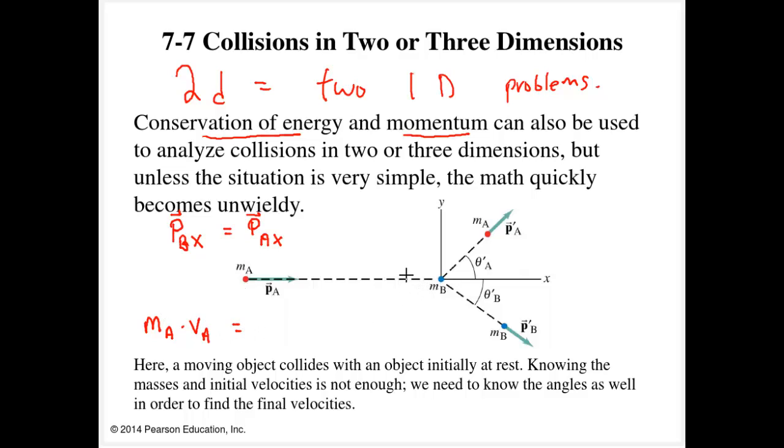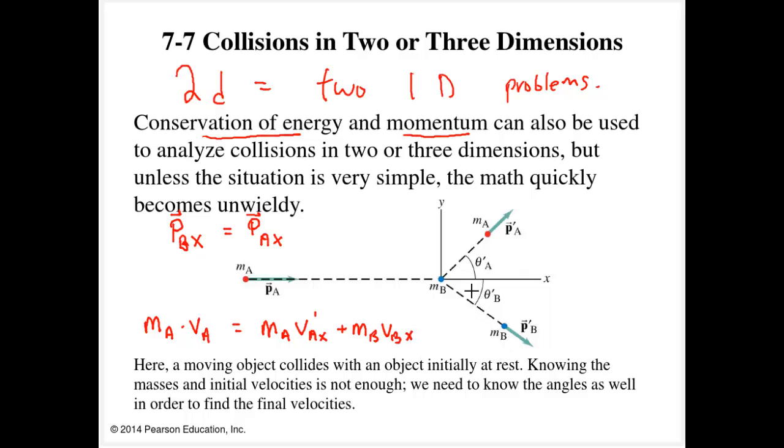And the momentum afterwards is going to be the mass of A multiplied by the velocity of A, now only in the x direction, plus the mass of B multiplied by the velocity of B, now only in the x direction.